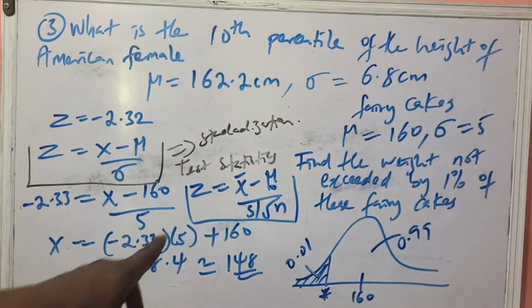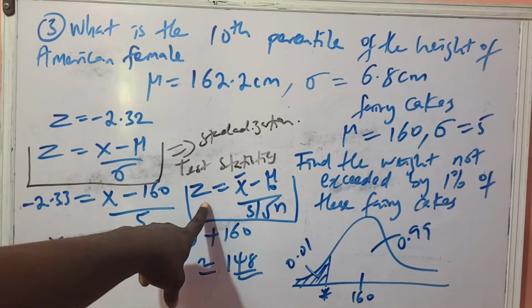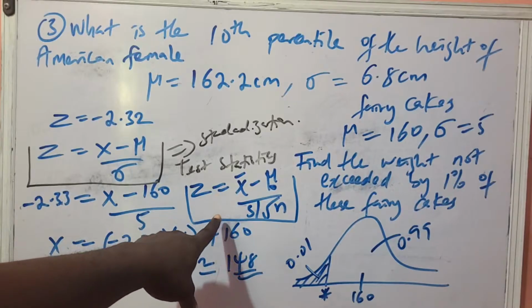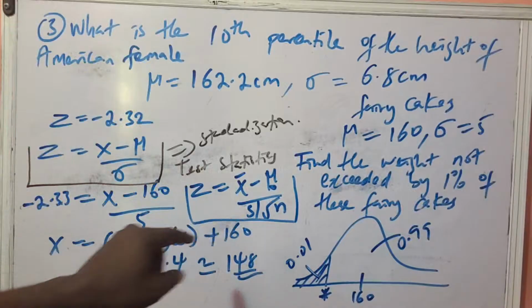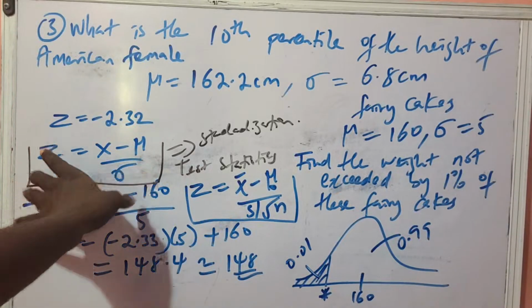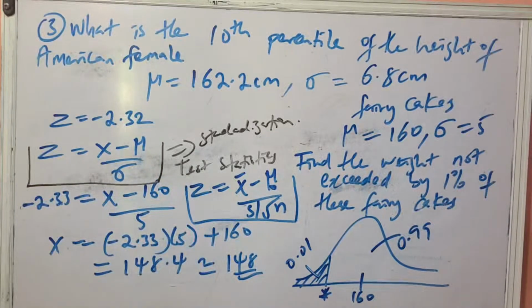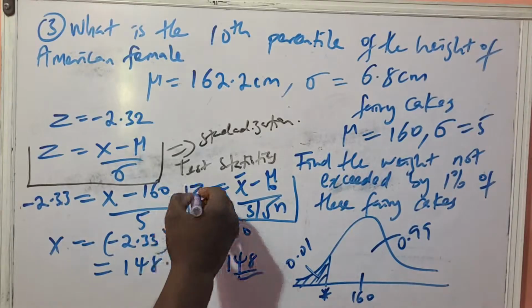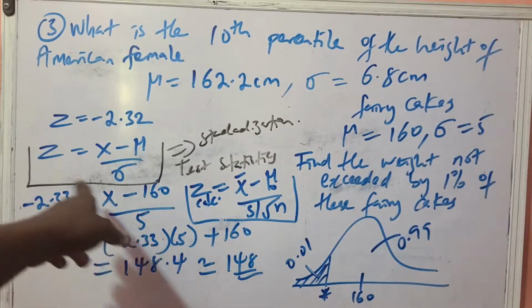This is Z calculated, the test statistic when you are dealing with significance testing, whereas this has to do with standardization. Maybe that's why we always identify this by writing it as Z calc. Use this as Z calc and don't confuse the two.